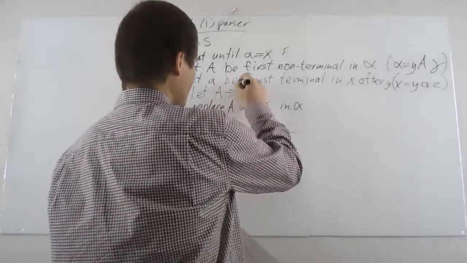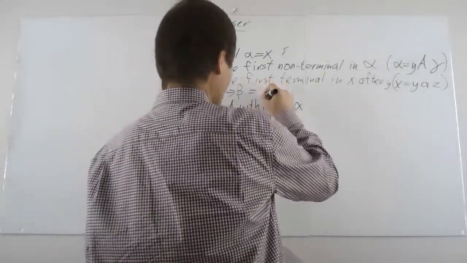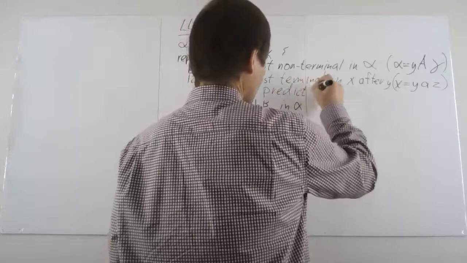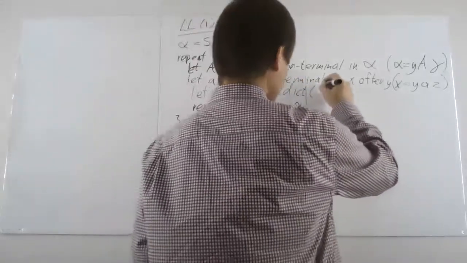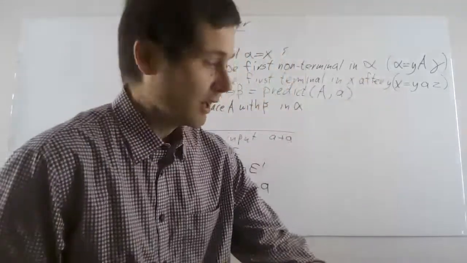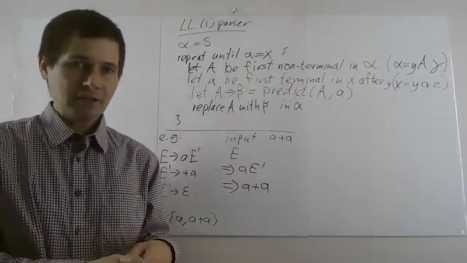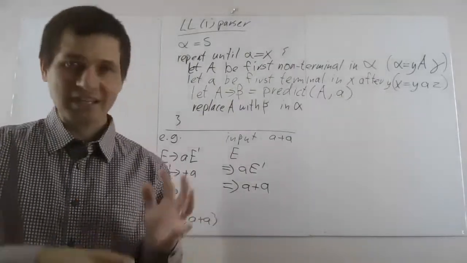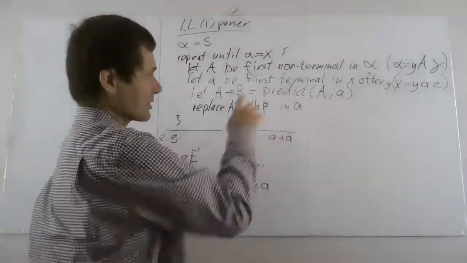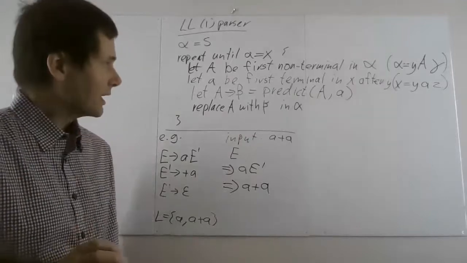So let A goes to beta be the result of a function that I'm going to call predict, and the parameters to that function are going to be big A and little a. The key is going to be figuring out how to actually implement this predict function, and I'm going to delay that for a little bit.